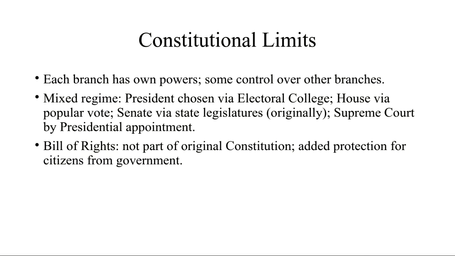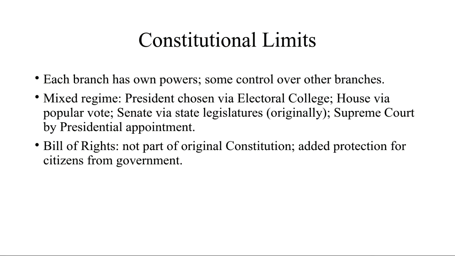So the Constitution was designed with some limits in place. Each branch has its own powers, and they all have control over each other. The president can veto a congressional resolution. Congress controls if a treaty gets ratified. The Senate approves a Supreme Court appointee or cabinet position.